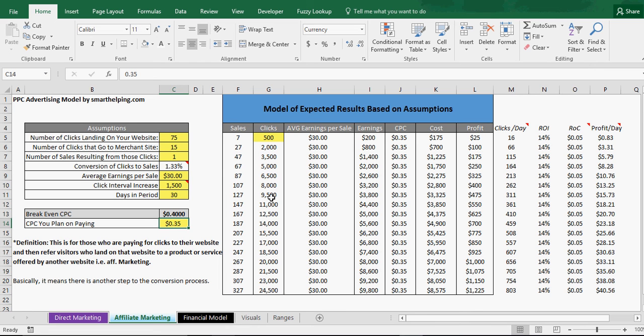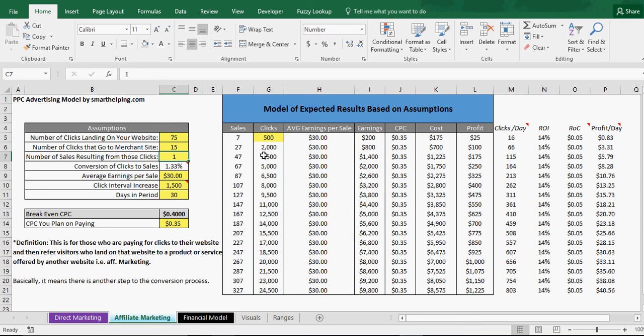you can see here, if I'm spending 8,000 clicks, I'm going to make $400 profit, earning $3,200, and cost is $2,800. After you go through this a little bit, you can see how important it is for your website to have super high conversions.